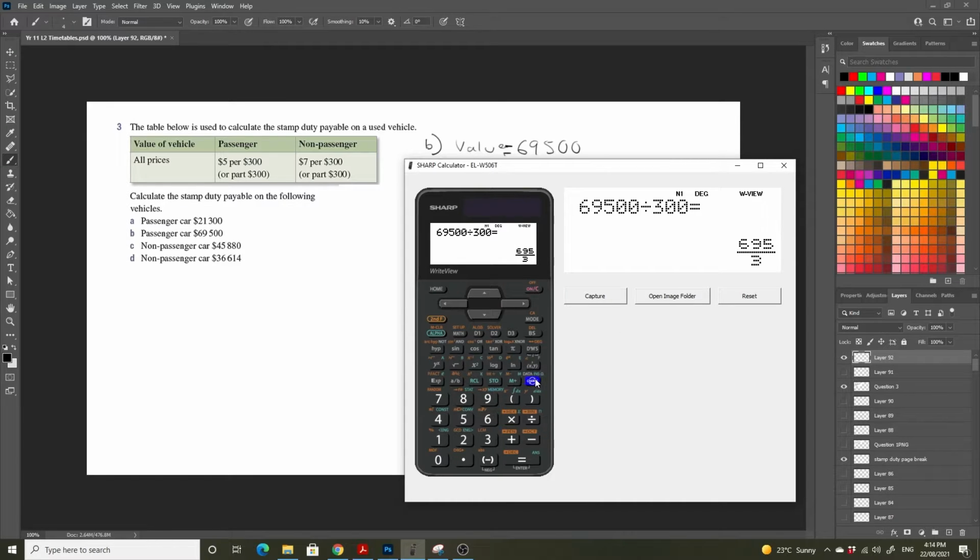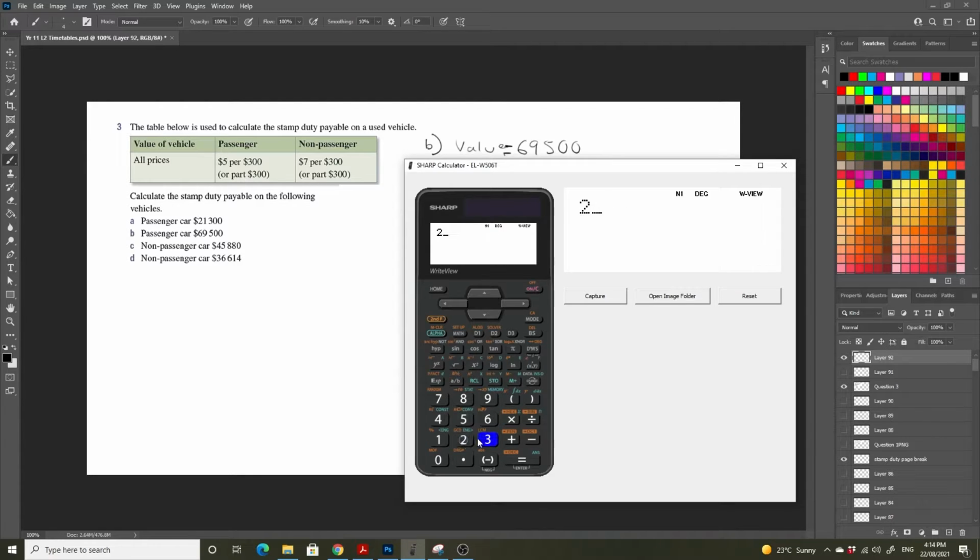And we can see that it doesn't divide evenly, so we have to round up another unit of 300. So we go from 231 units of 300 to 232 units of 300.